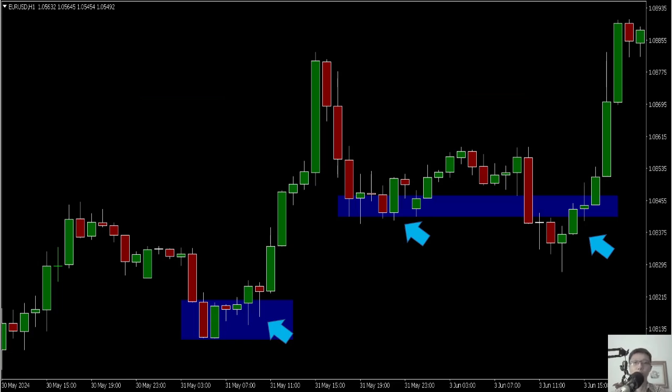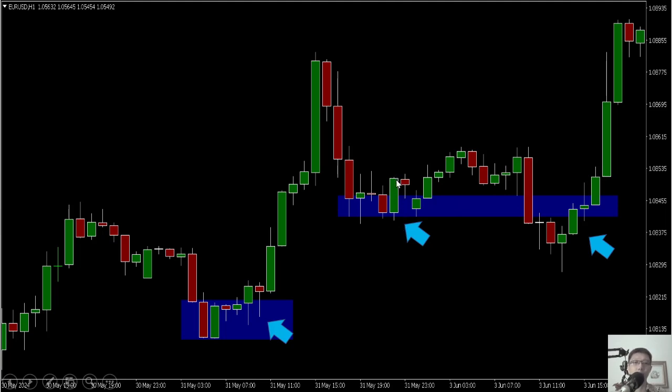Okay, here, this is a 1 push. After a downtrend, only 1 push is needed, then price goes to the uptrend. So this is 1 push, but this one is 2 push. Push here and push here, and this is a support area. This candle closes above this support area.